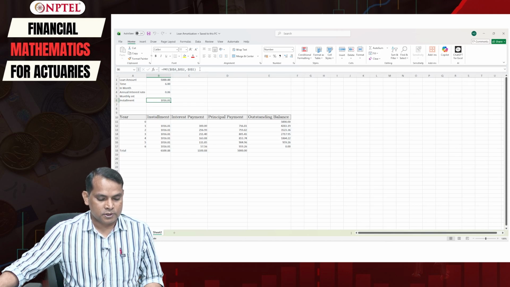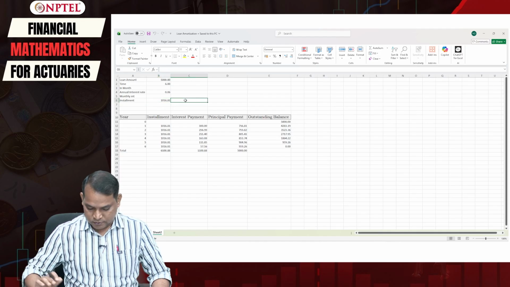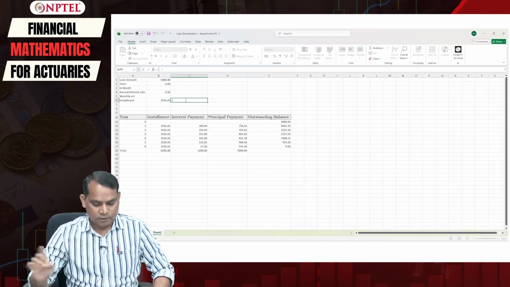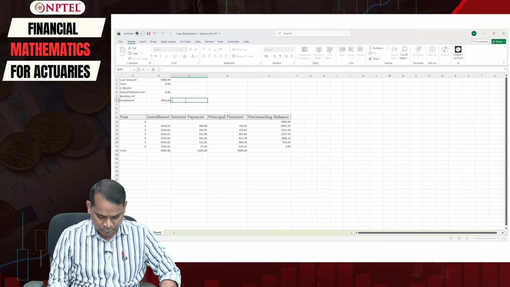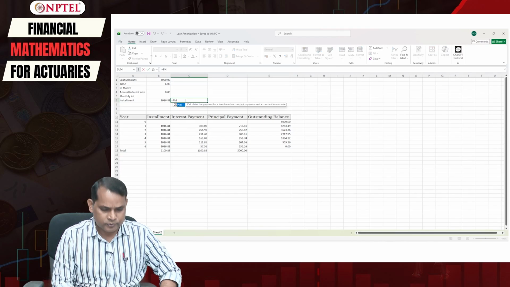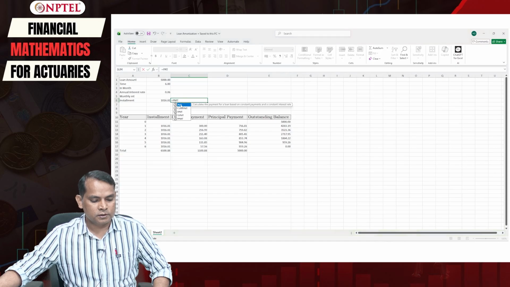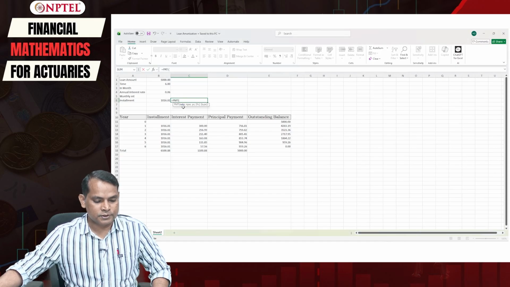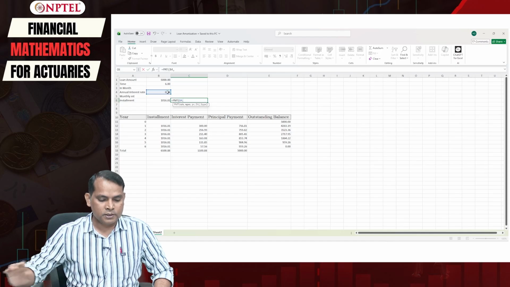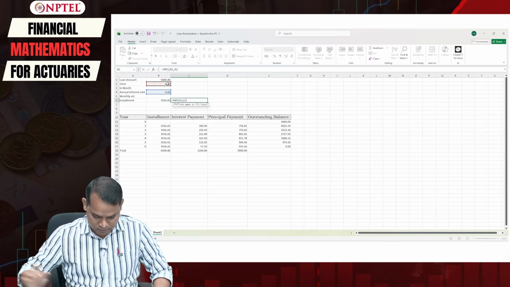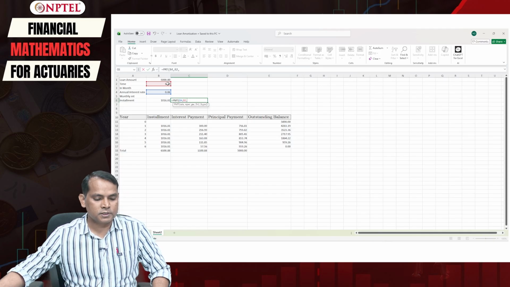Let me write it here. First type PMT, and here this is the rate, so we click at the rate, and then we click at the time period, and then we click at this one.